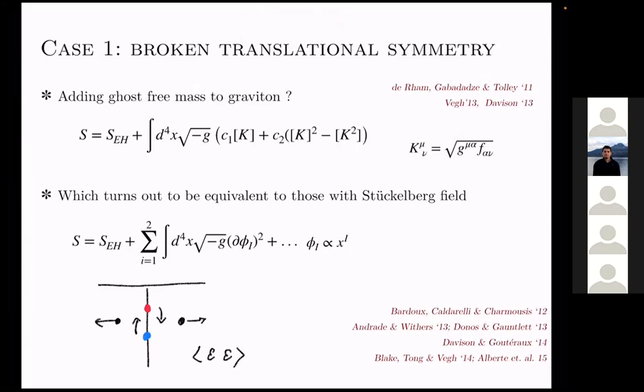It's a preferred matrix that you lock in some frame, in some coordinates, and this is what gives a mass to the graviton when you do a perturbation around, say, g equal to f.